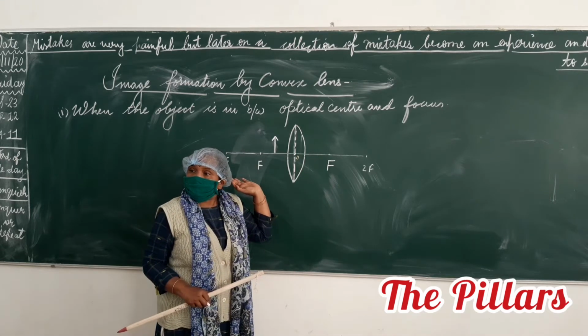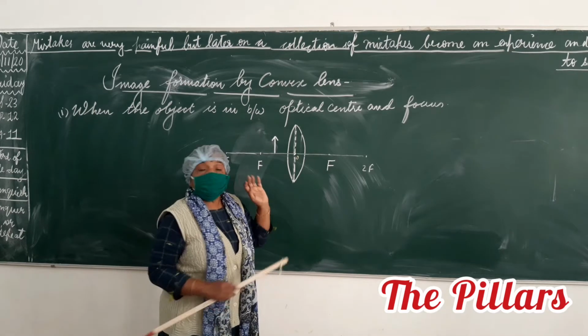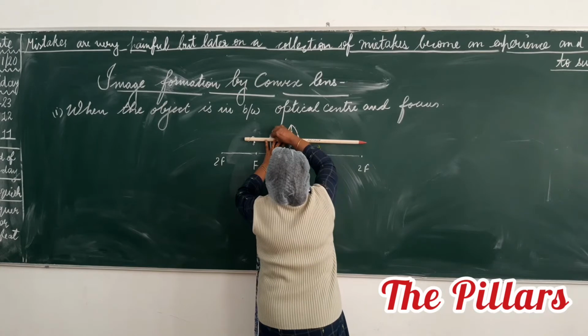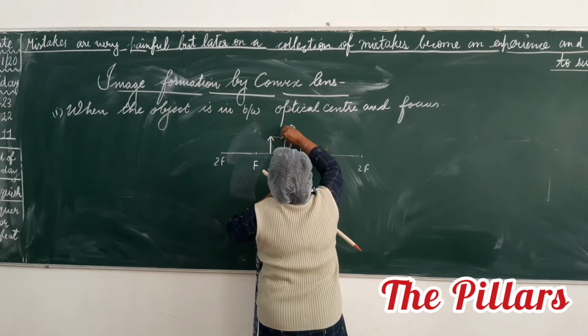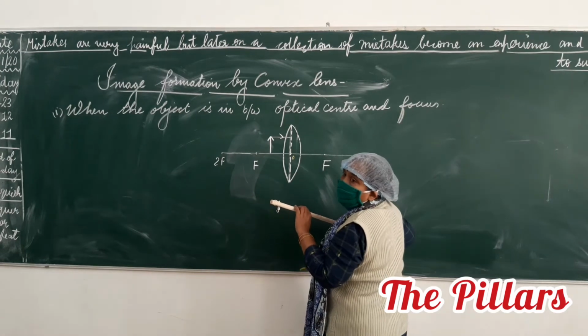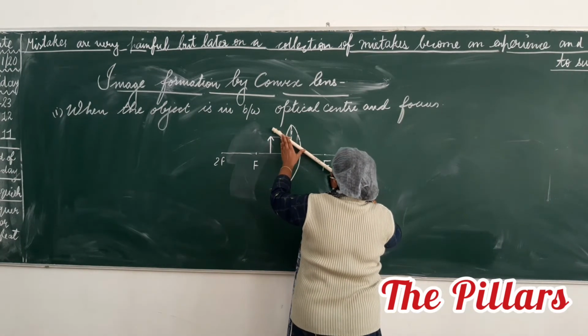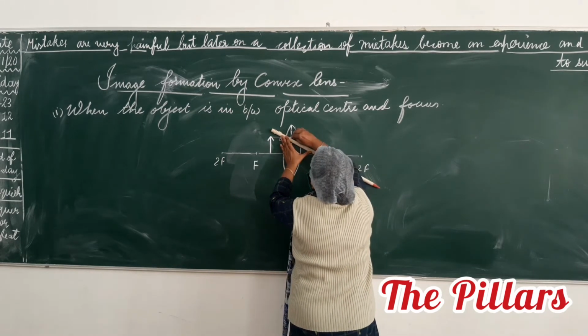Have you all drawn? Now, what is the first tool we are going to use? A ray traveling parallel to the principal axis will pass through the principal focus.